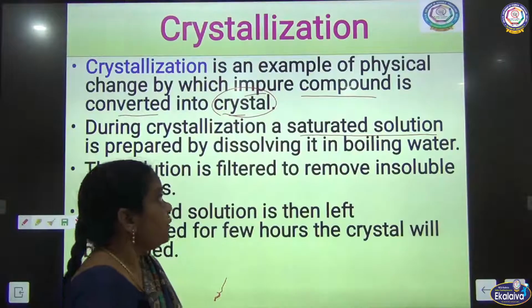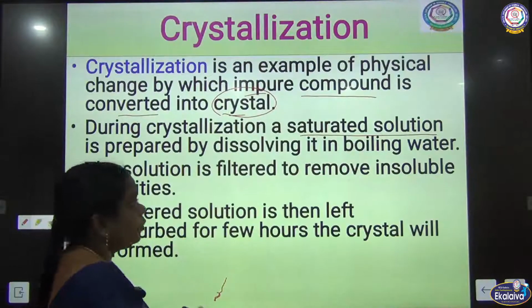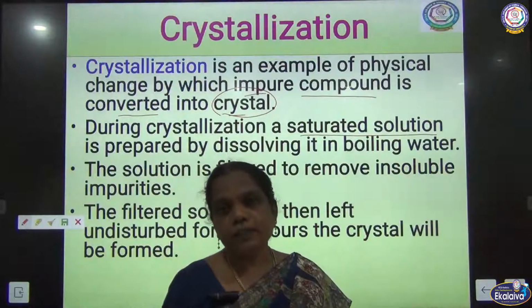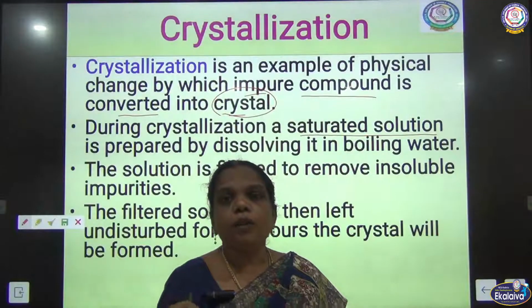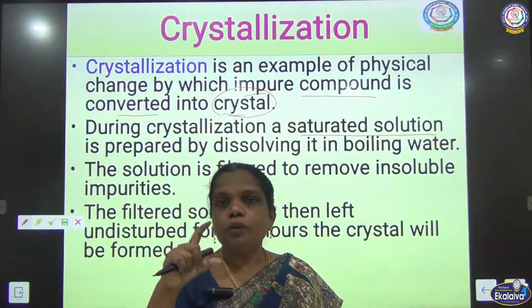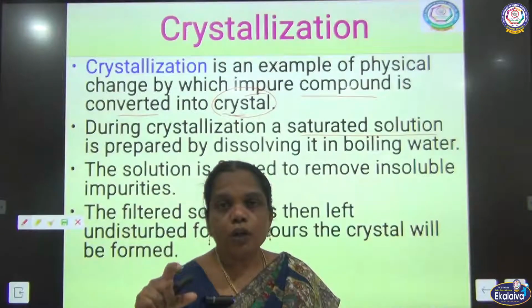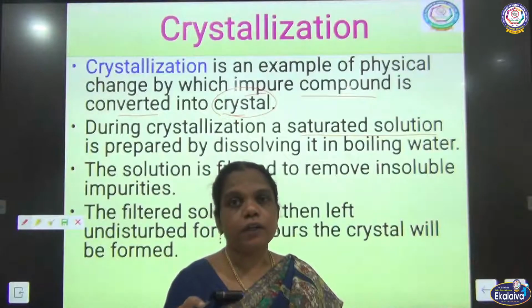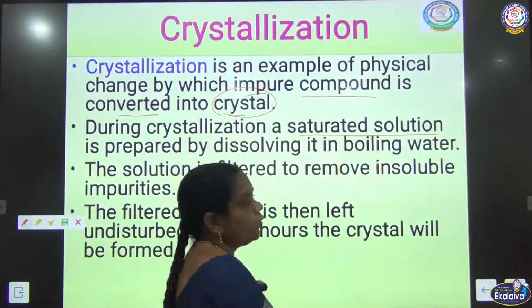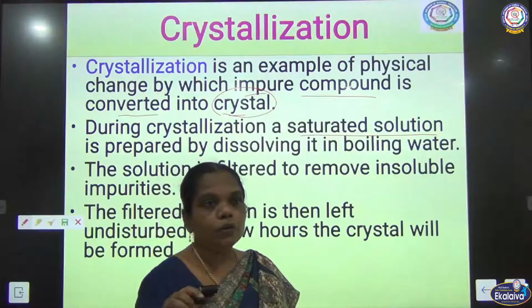Water is taken as the solvent. For the given quantity of solvent, we can dissolve only a certain amount of solute. That solution is called what? Saturated solution. So, first we want to dissolve.